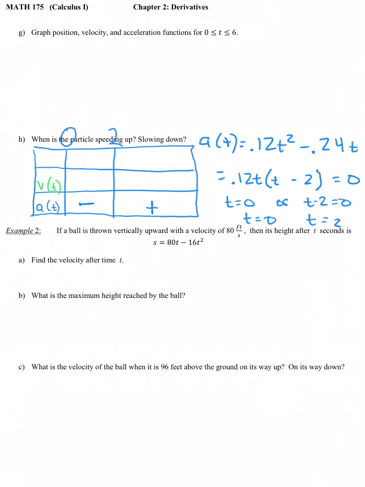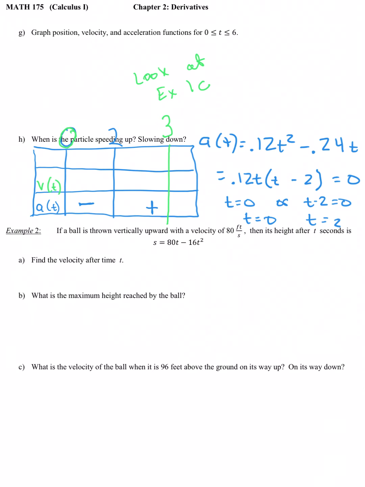And in that case, velocity, if we go back on the previous page, I think it was page 29, we found the zeros for velocity to be 0 and 3. If you look at example 1, letter C of this problem, okay, we got that for velocity.